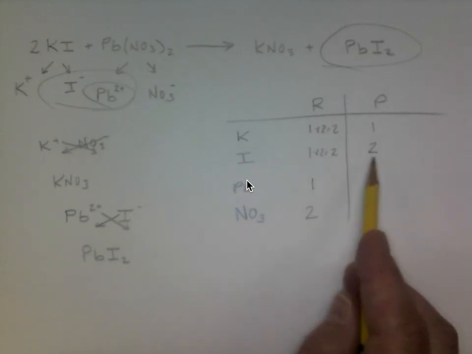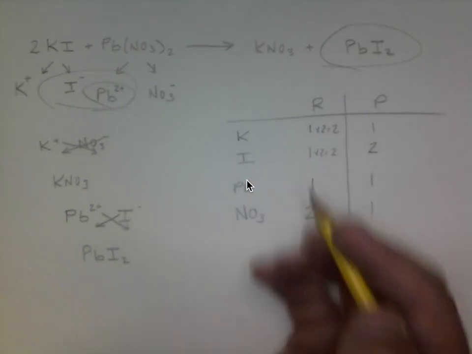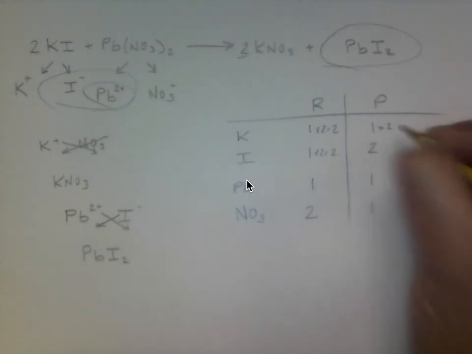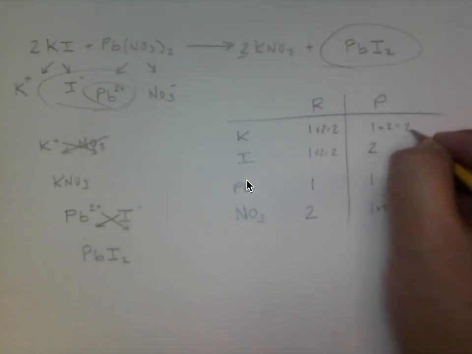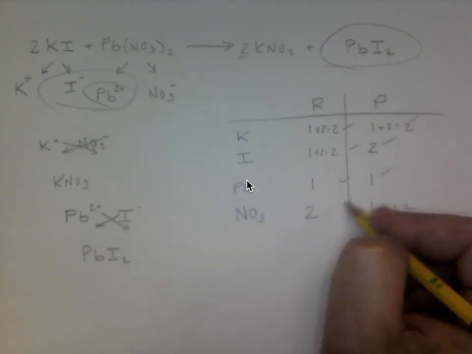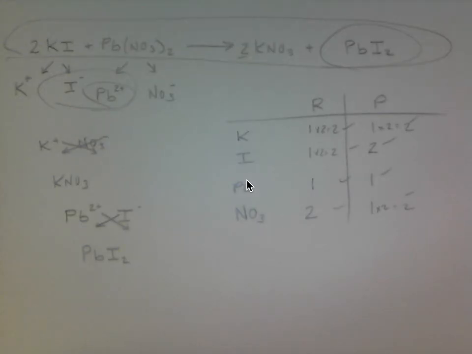That's great for my iodides, but now my potassiums and my nitrates are not balanced, so I put a 2 here, multiply that by 2, and I multiply this by 2 equals 2 equals 2, and I can see that I am completely balanced.